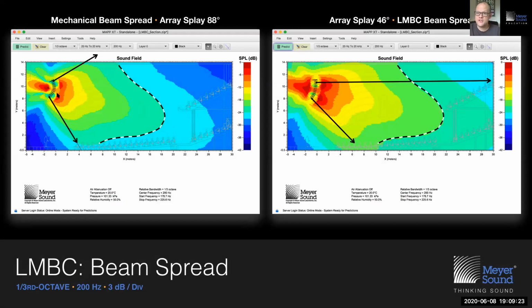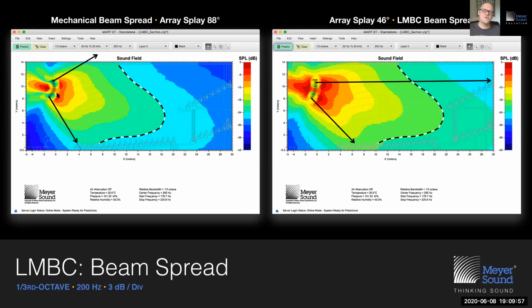However, notice that on the right side, with LMBC set to beam spread, we almost get the same shape. It's almost a carbon copy of the same shape, but the loudspeakers are still pointing in the right direction. And that's what LMBC did for us. It spread the beam using all-pass filters, which introduce frequency-dependent delay. It spread the beams for those frequencies where the beam needed to be spread. And that's what LMBC does. And this application is known as a beam spread. Now, how to do that, we will discuss later.